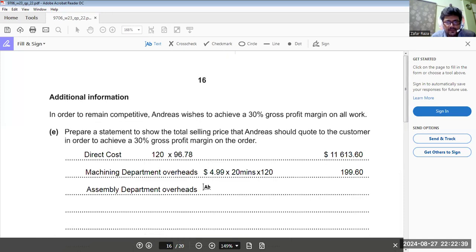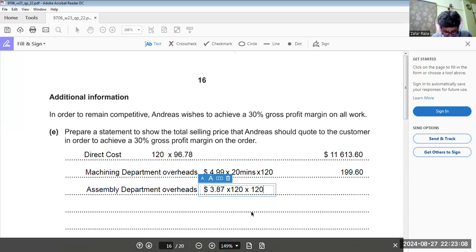So here dollar 3.87 multiplied by 2 multiplied by 120 bicycles.